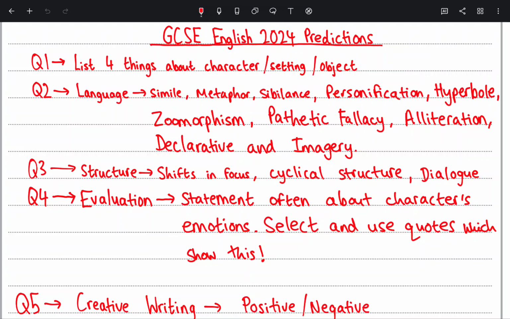And what my prediction is for your creative writing is that you definitely will have to implement your 5 senses and nature. Okay, so when I say nature, your pathetic fallacy, your semantic field, it's always going to be there. You will always have to describe using your 5 senses.